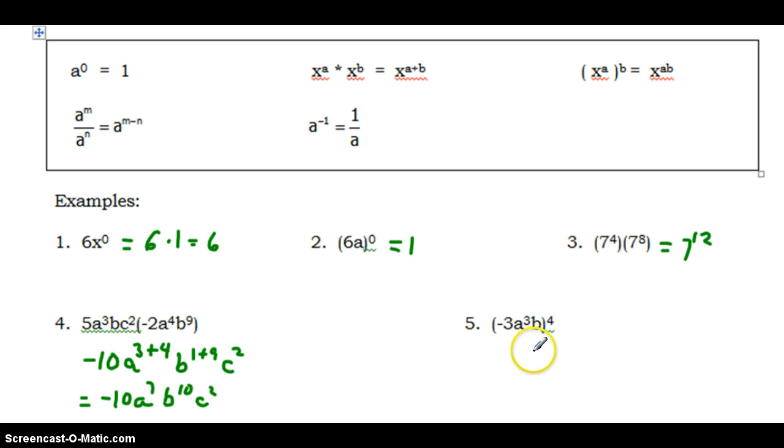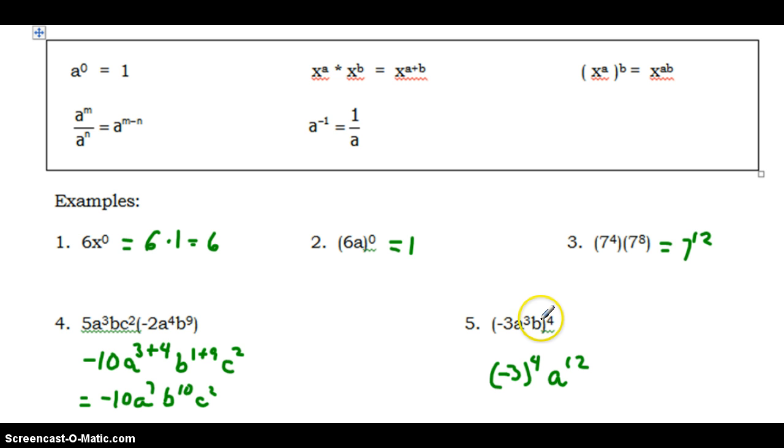Number 5 is showing you the power rule. Each item within itself is going to be taken to that power of 4. So it's going to be negative 3 to the fourth power, a to the third power times 4, so a to the third times 4 would be a to the 12th.